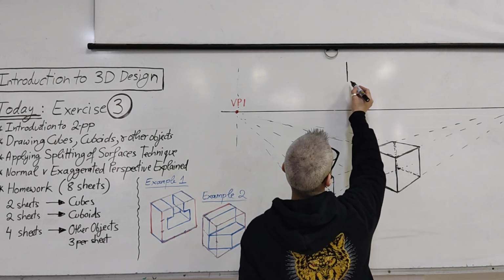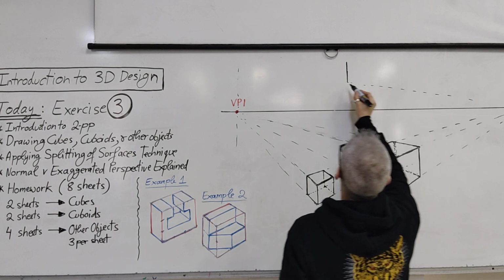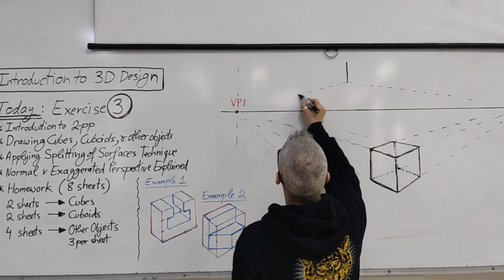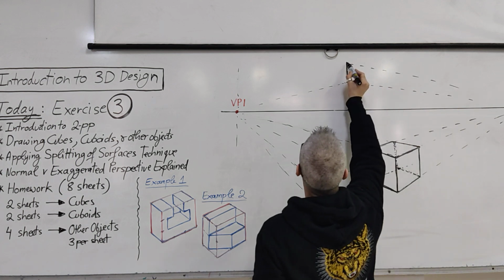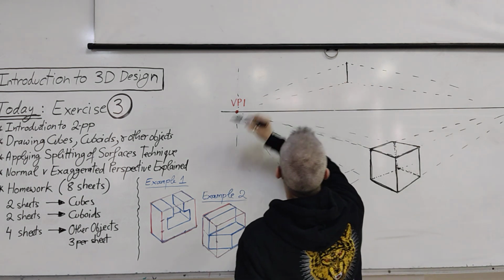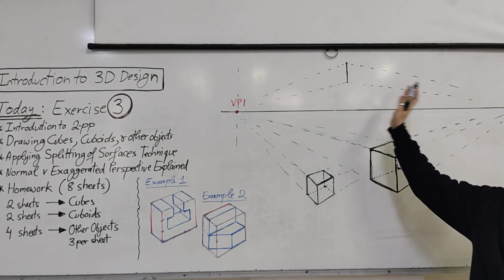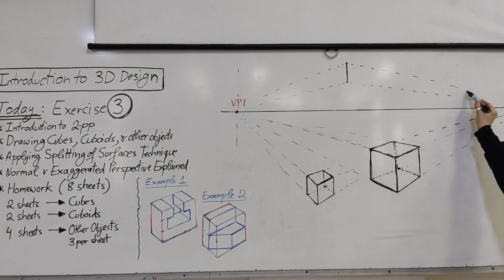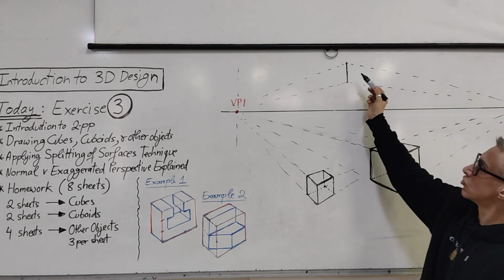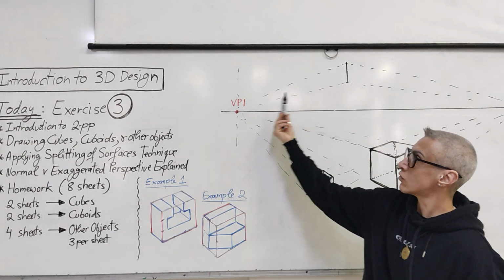So again, we have an edge here. We take this to the vanishing point, and this point to the vanishing point. Okay. Again, we determine its location in terms of the vanishing points, which is closer to this edge. Well, it's closer to this point. It's closer to this point.